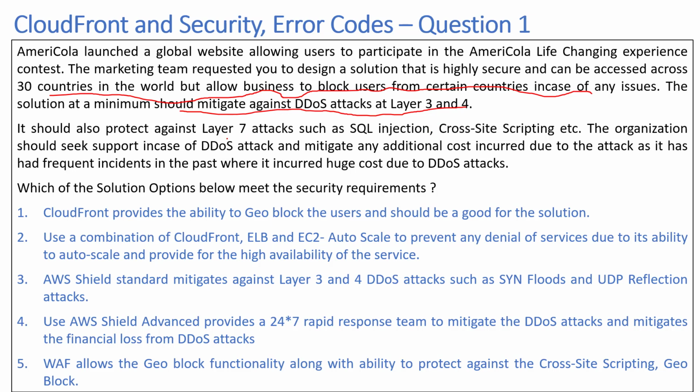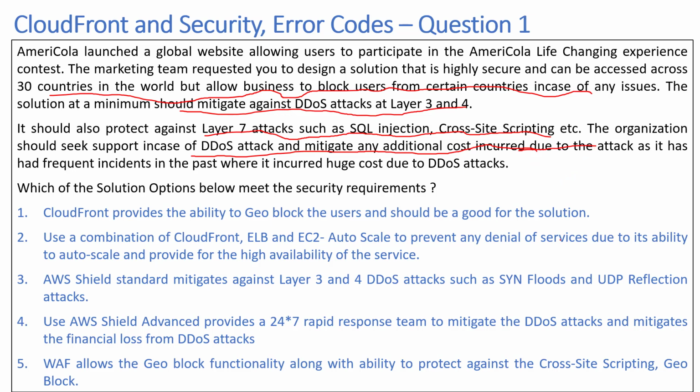The third one is at layer 7, it should be able to mitigate attacks due to SQL injection, cross-site scripting. And then finally, if there is a DDoS attack, it should be able to seek support from AWS as well as any additional costs that are incurred due to these attacks should be reimbursed or waived off. So these are the 4 key requirements.